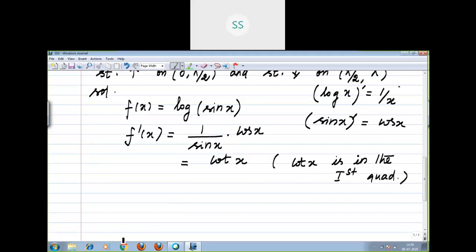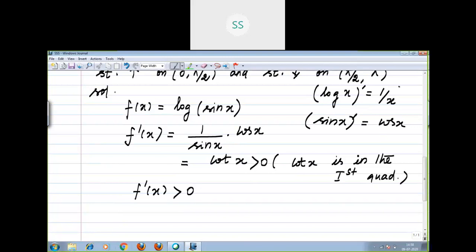First quadrant means what? Derivative should be greater than 0. Cot x is greater than 0.